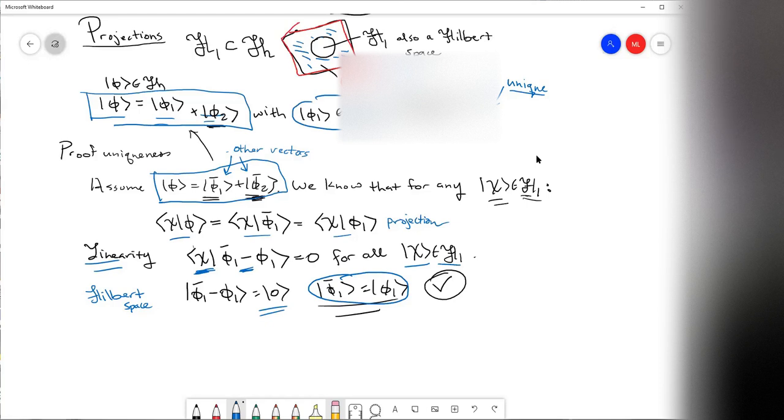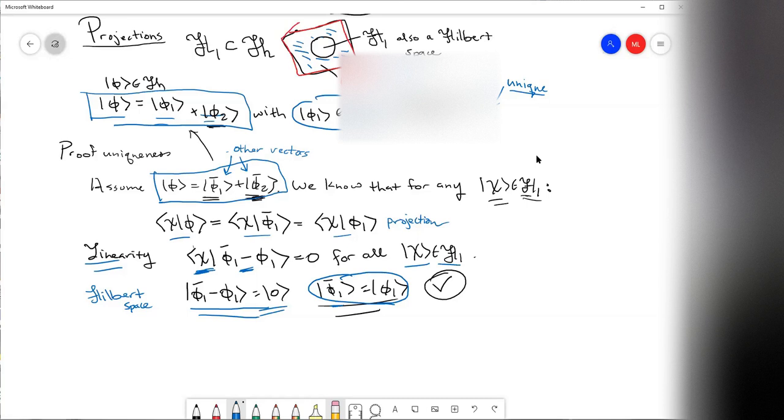So that's not possible. And so the only possibility is that this whole thing vanishes. And so then the two things have to be equal to each other. So the linearity and the whole vector spaceness of a Hilbert space gives you a lot of constraints. For instance, it gives you unique decomposition of your vector into a subspace, right?